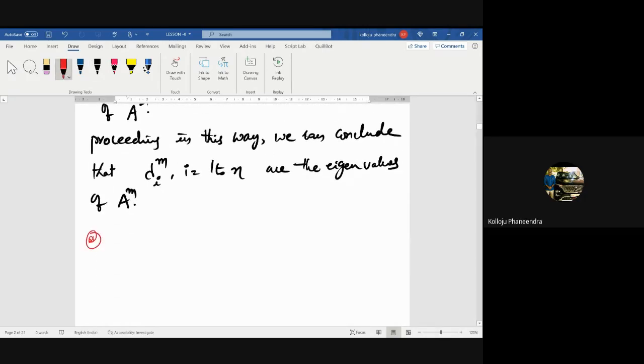And another one: any square matrix A and its transpose have the same eigenvalues.